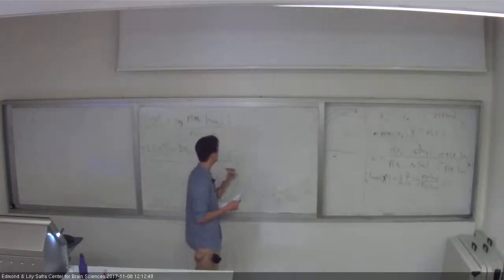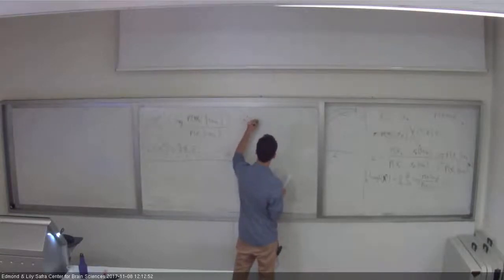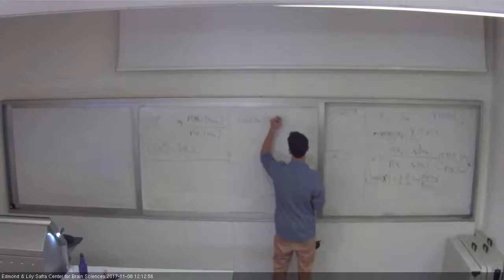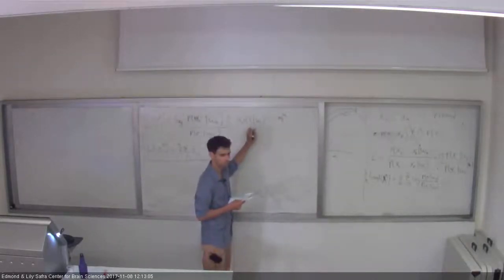So let's assume that the variance of z given omega i is equal to some sigma i squared.